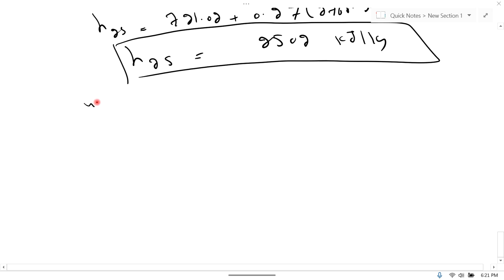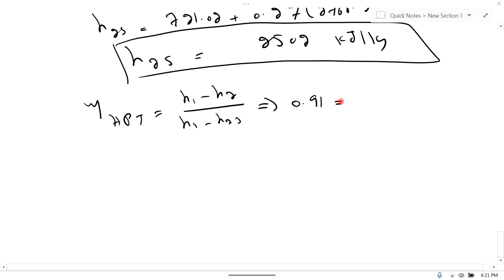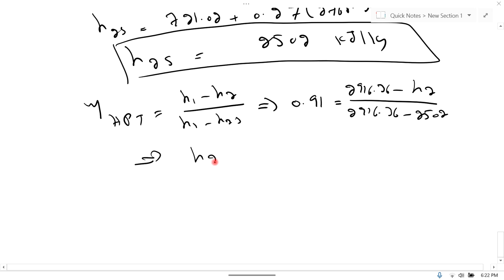So efficiency of high pressure turbine is equal to h1 minus h2 divided by h1 minus h2s. Efficiency of high pressure turbine is given to us as 0.91. h1 is equal to 2916.36 minus h2, which is required. h1 is 2916.36 and h2s is 2502.